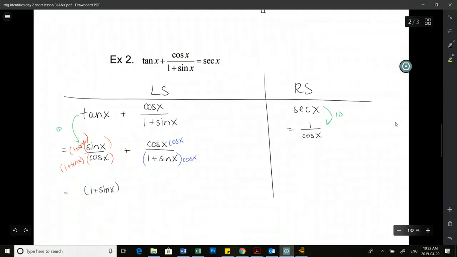Okay, so just putting these together here, I'm going to write them all under one denominator. So it'll be 1 plus sin x times cos x.